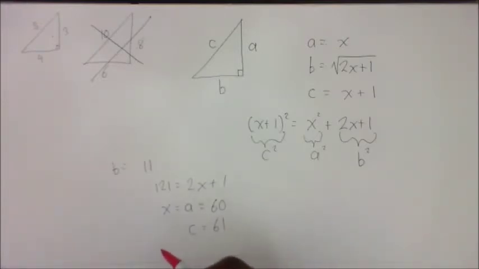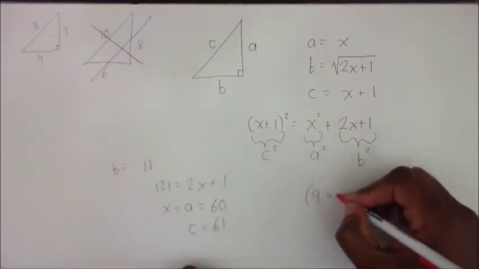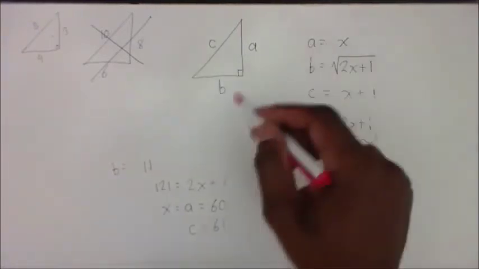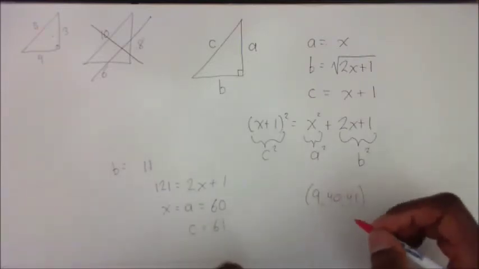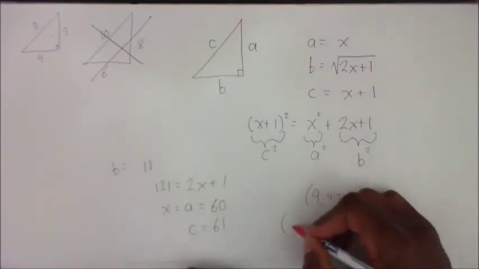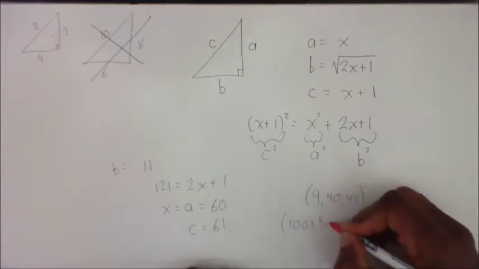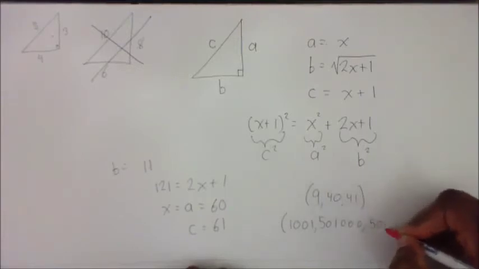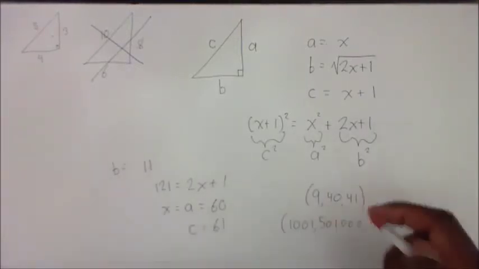Other examples of Pythagorean triangles might be 9, 40, 41, using the same technique. We can also find one, if we want to go extreme, of 1001, 501,000, and 501,001. Those are just examples.